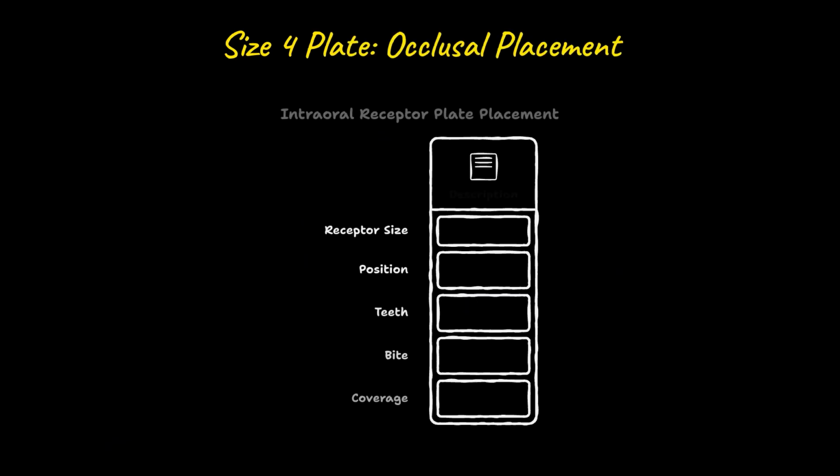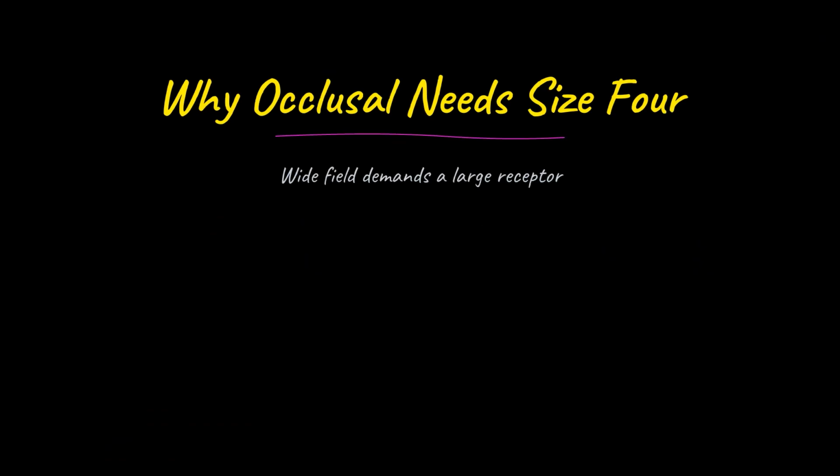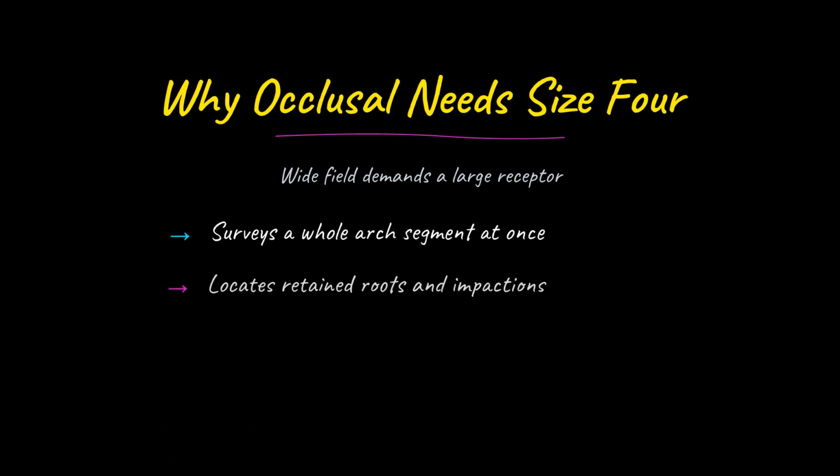The size 4 plate is placed flat across the occlusal plane, and the patient bites lightly to hold it steady and parallel to the arch. The beam is directed from above for a maxillary occlusal or from below for a mandibular one. Where most intraoral images focus on a few teeth, the occlusal projection surveys an entire arch segment from above or below.